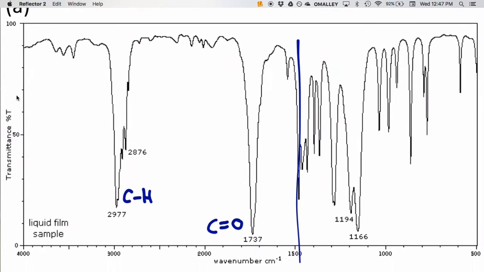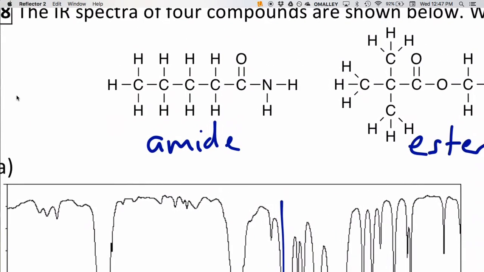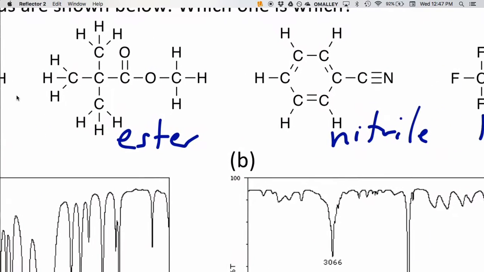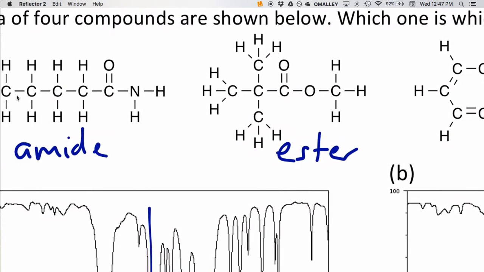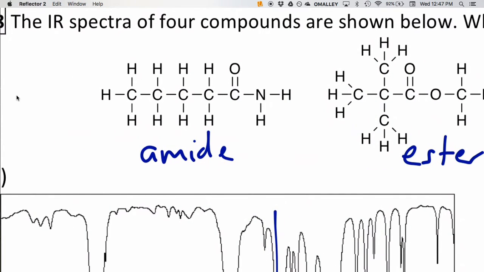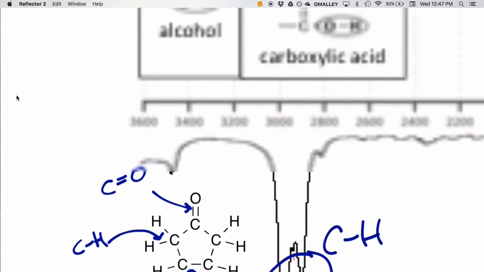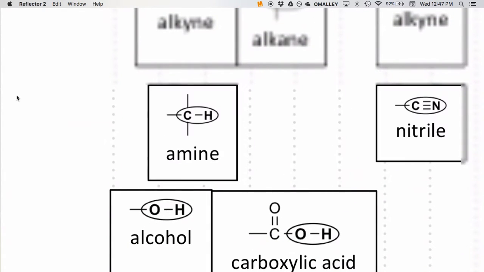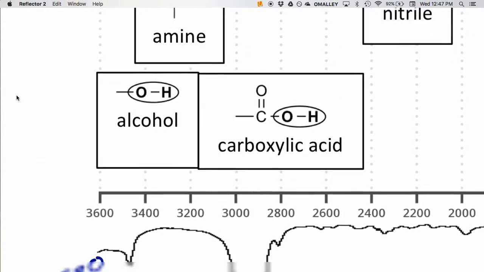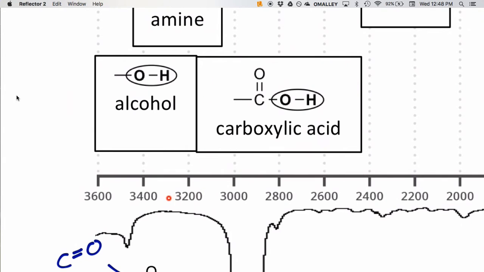So looking at the molecules up above, which one only has CH bonds and CO double bonds and nothing else that should show up in the IR spectrum? The first one has those bonds, but it also has CN bonds and it has NH bonds. And if I remember correctly, the NH bond is actually quite characteristic, showing up very far to the left in the spectrum, above, looks like 3200 or so.